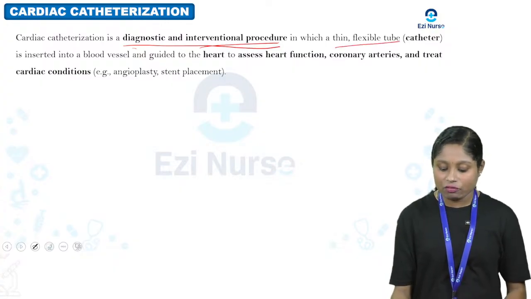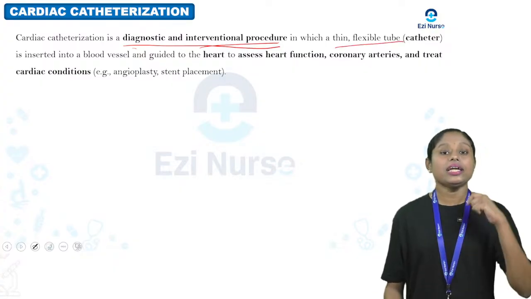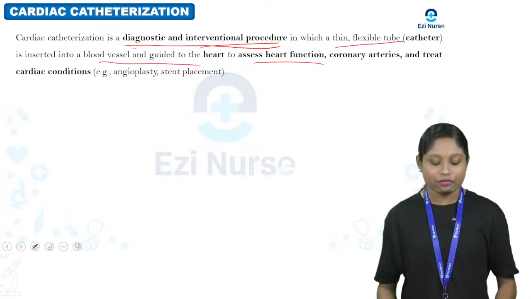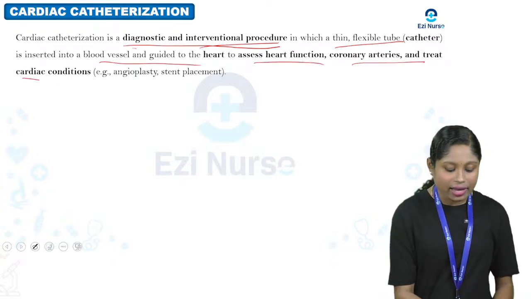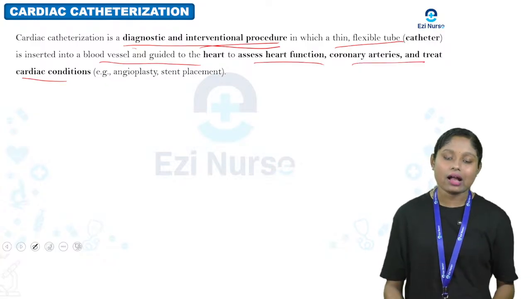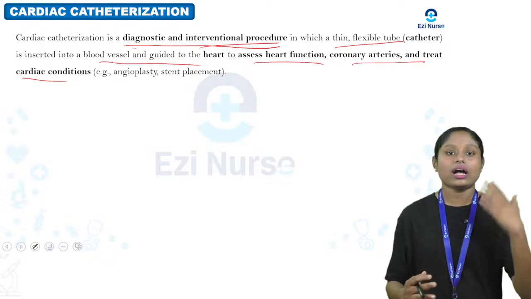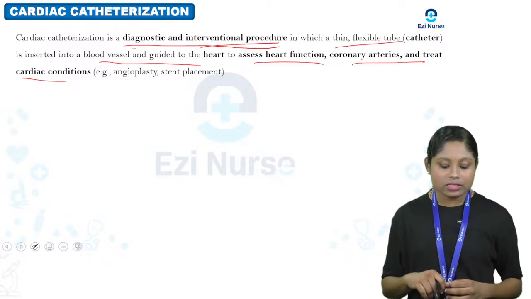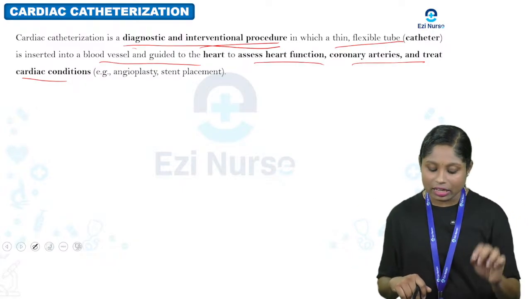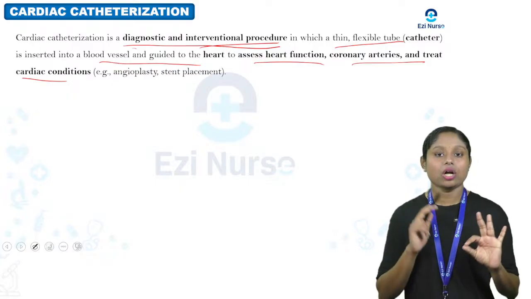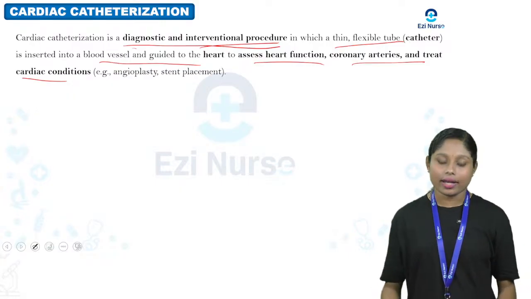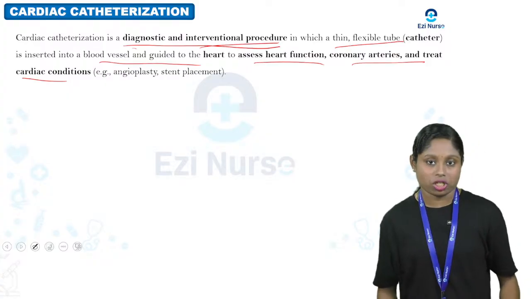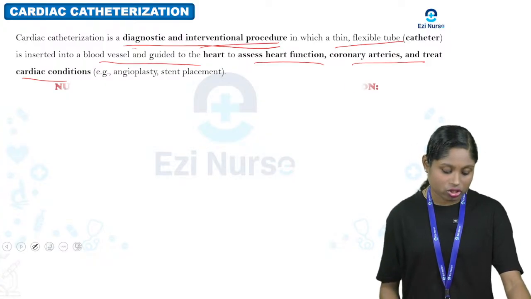With a thin flexible tube, a catheter is inserted into the blood vessel and guided to the heart to assess heart function and coronary arteries and to treat cardiac conditions. We insert a catheter into the blood vessels and guide it into the heart. Then we can assess heart function, coronary arteries and treat cardiac conditions, for example angioplasty and stent placement. So that is cardiac catheterization.